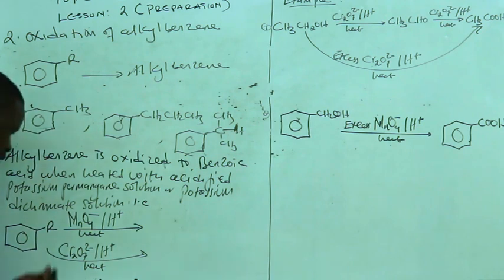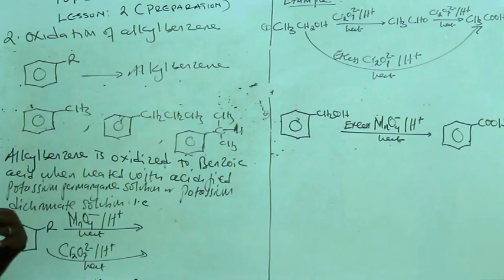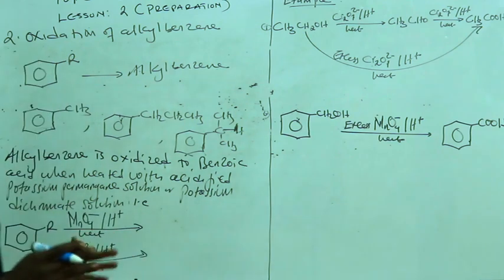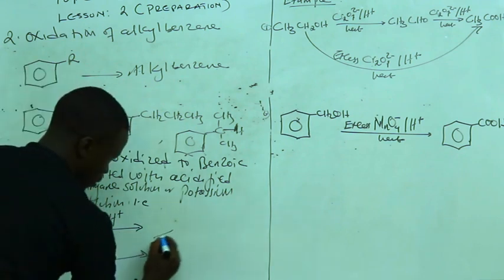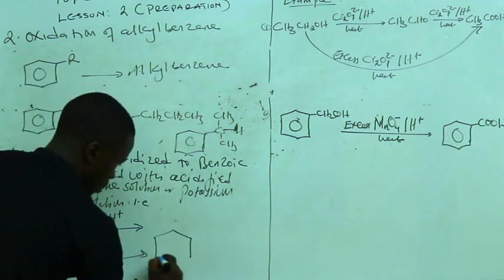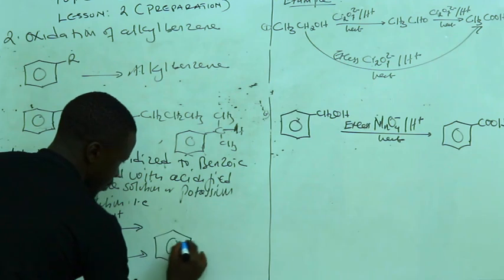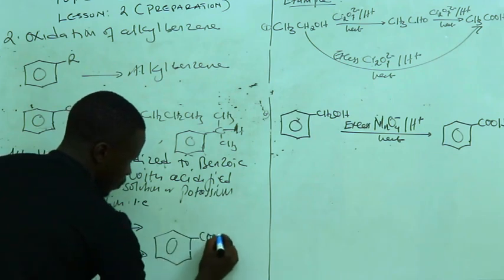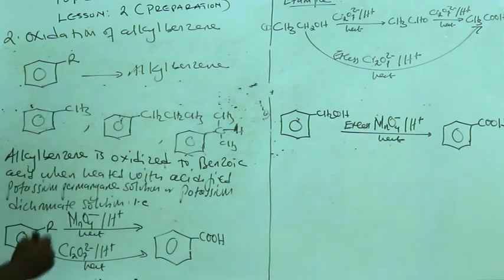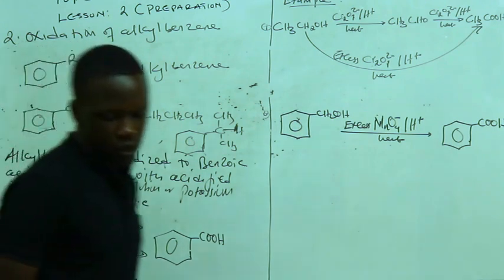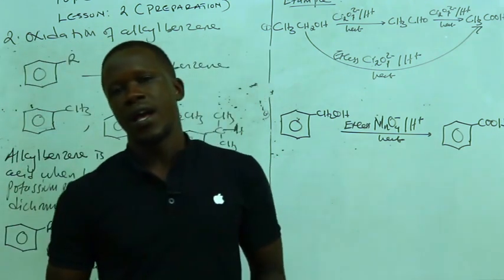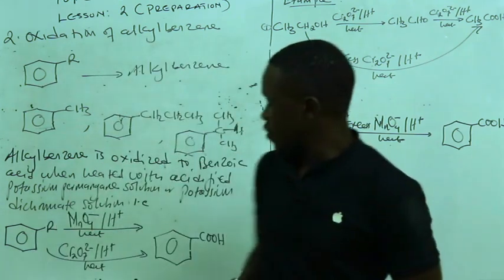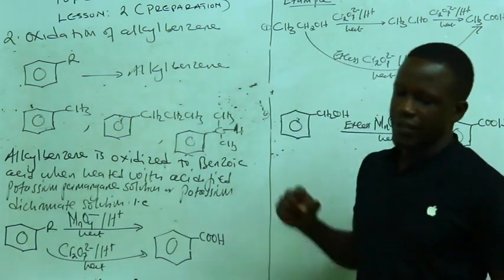No matter the length of the alkyl group, 2 carbon atoms, branched, 3 carbon atoms, 4, how many? We shall always form benzoic acid. And this is one method that we use to prepare benzoic acid, which is a carboxylic acid.